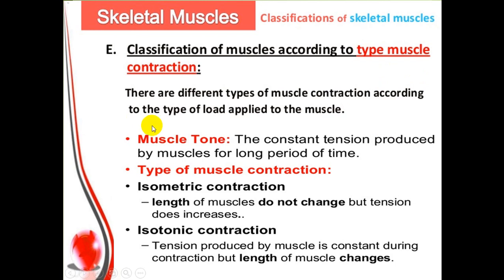Then we have tonic contractions, which are simply called muscle tone, the constant tension produced by muscles for a long period of time. Normally in a healthy person, the joints in neutral positions and the posture maintaining joints have muscles with opposite tones maintaining them.